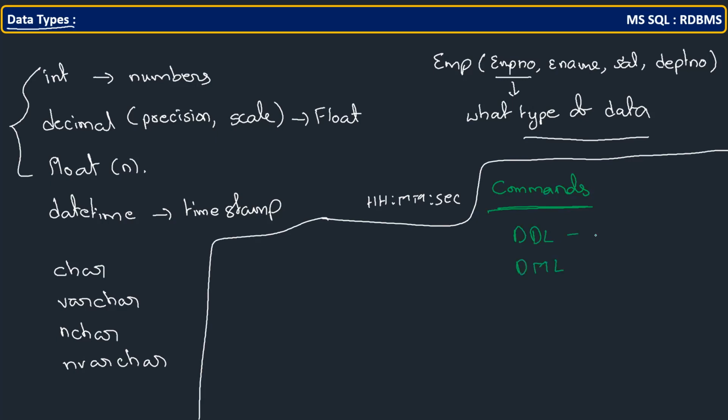D for data: DDL is data definition language, and DML is data manipulation language.